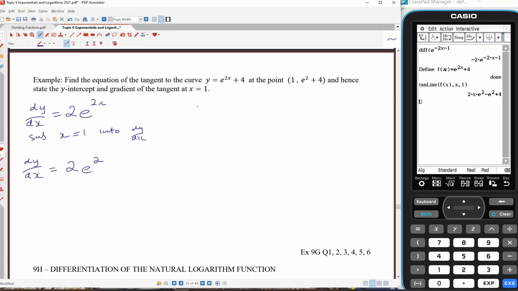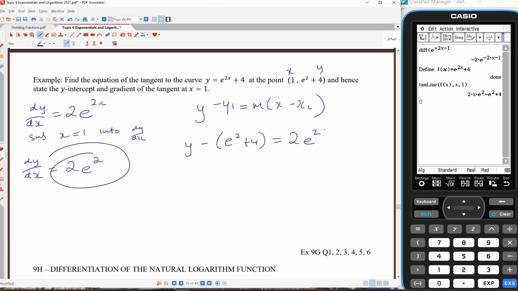So what I'll do now is use y take y1 equals m x take x1. Now, we're going to use this point here, so that's x, that's y. y take e squared plus 4, watch those brackets there, equals m, 2e to the 2, that's m, that's the gradient at x equals 1, x take 1, that's this value here.